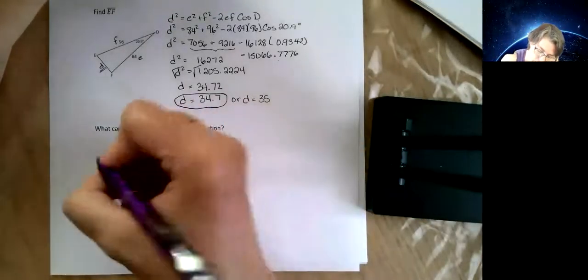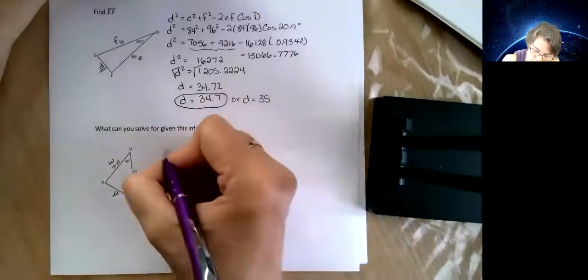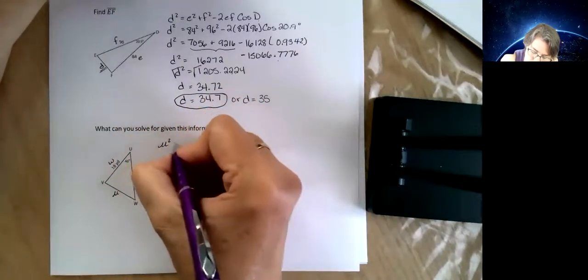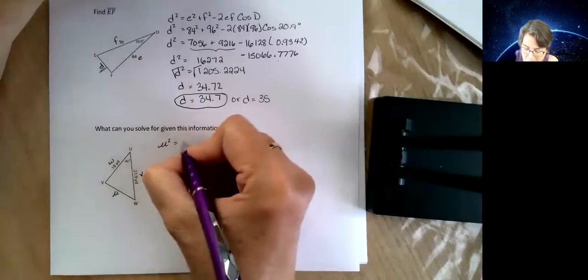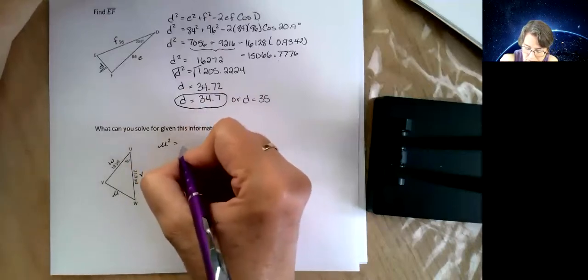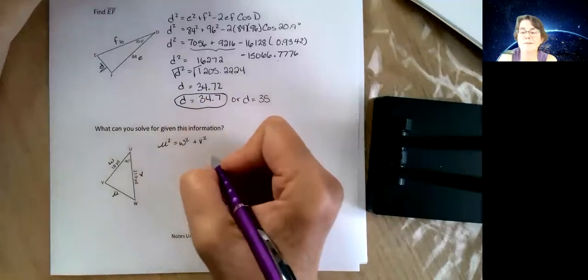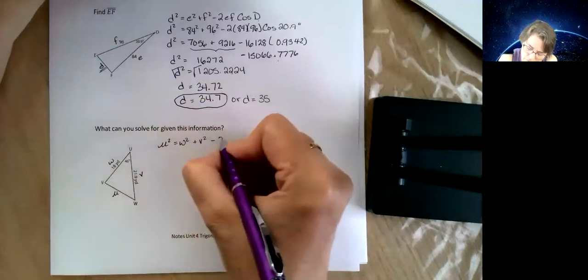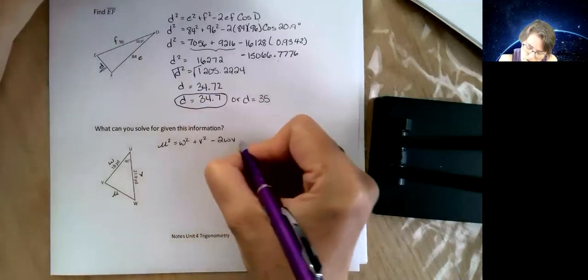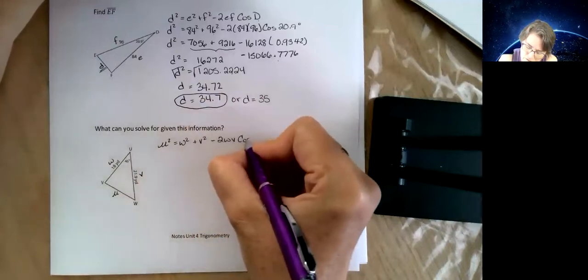And this is going to be w. And it's going to be v. So u squared is w squared plus v squared. In case you heard me pause there for a second, I'm just going in my head, which comes first in the alphabet? Doesn't matter. Minus 2wv cos u.